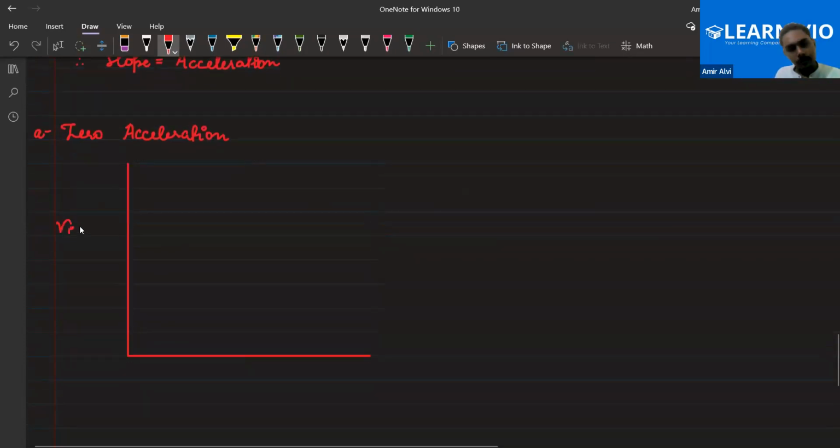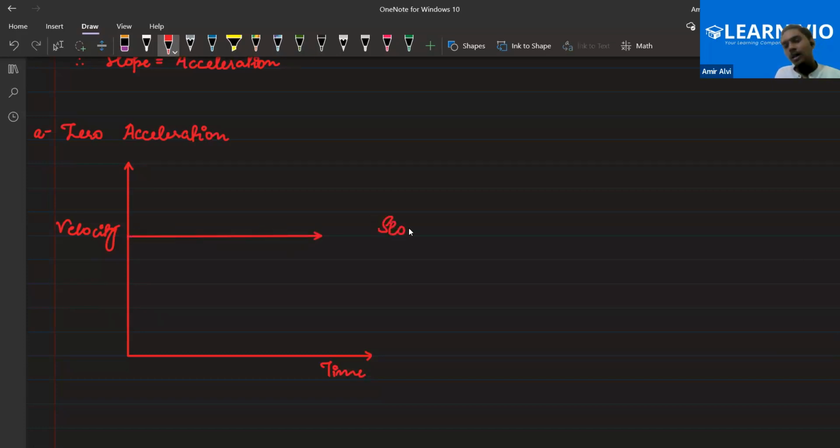This is velocity. This is time. As you know, zero acceleration means there is no change in the velocity with respect to time. It means that it would be a straight line. Clear? So in this case, the line is parallel to the x-axis.